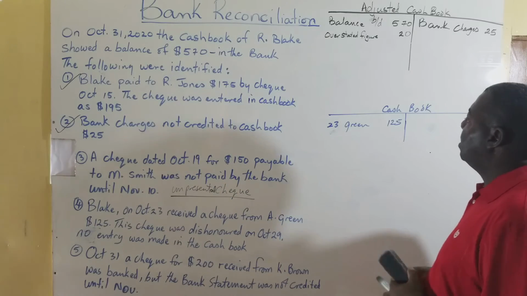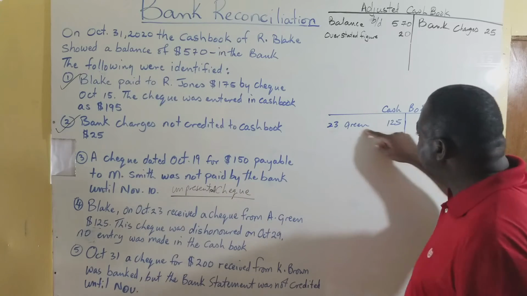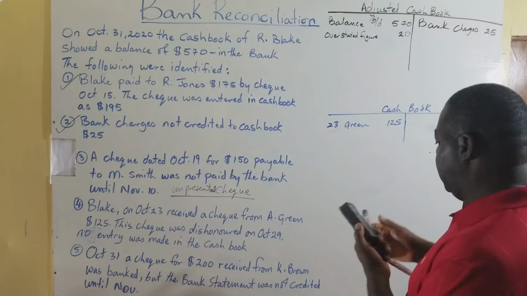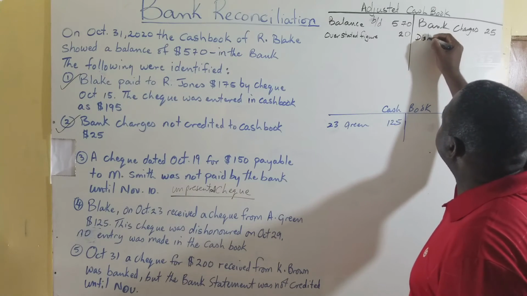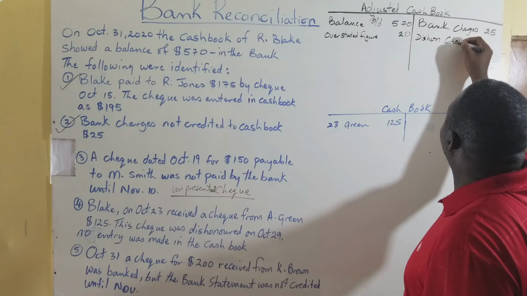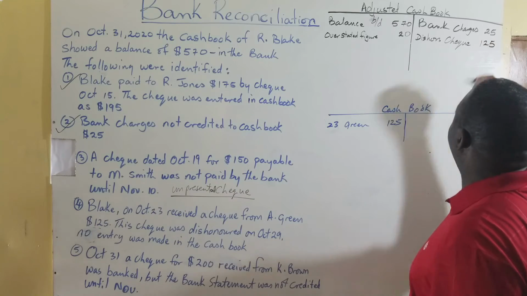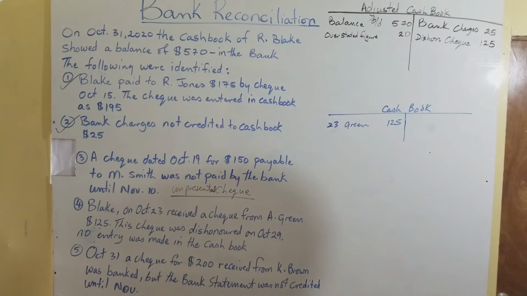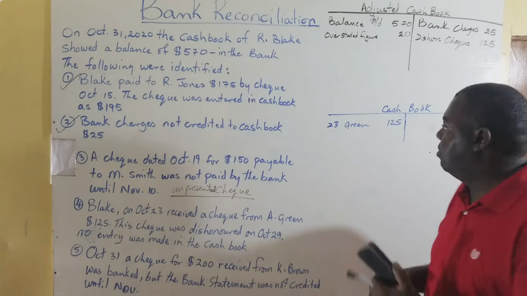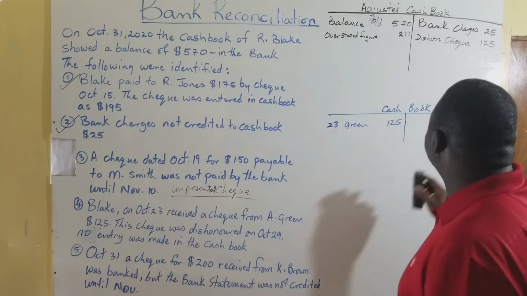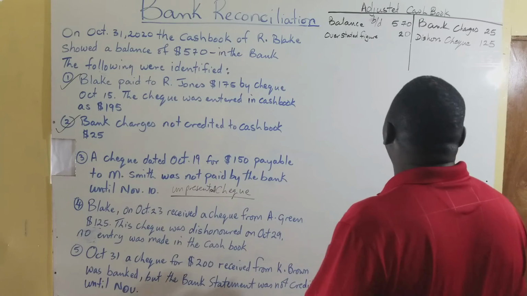So, therefore, to cancel out this entry that is in the original cash book, we're going to make that entry in the adjusted cash book here, and we will say this dishonored check of 125. So that will then cancel out what was recorded earlier in our original cash book. All right, hope you've gotten that. So I can erase. All right, now that we have done that, we can move now.